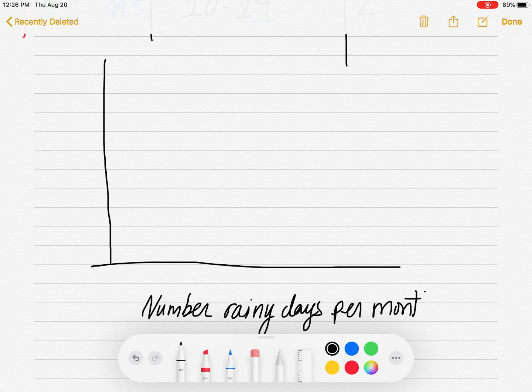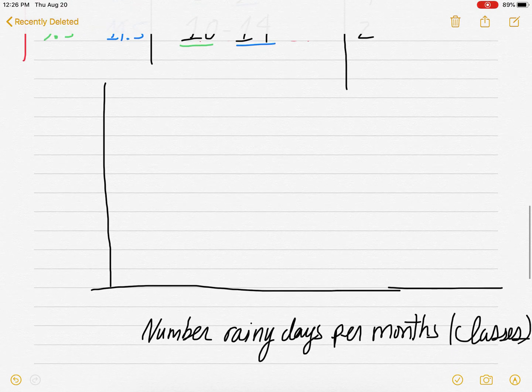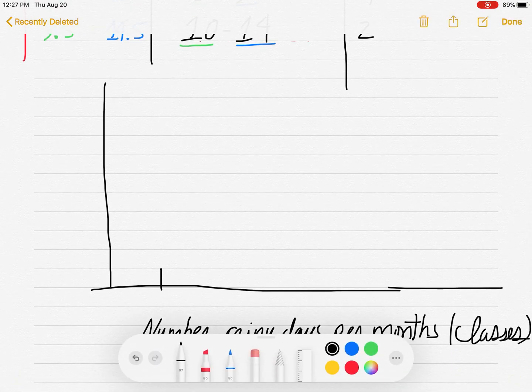So these will still be our classes, so I'm going to write classes in parentheses. And we're going to make 3 intervals, like before.